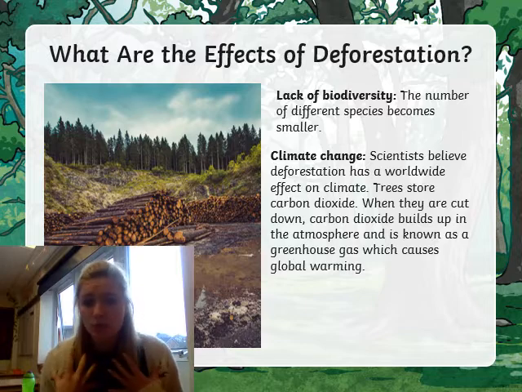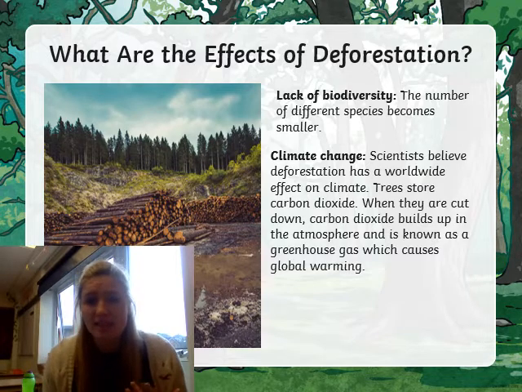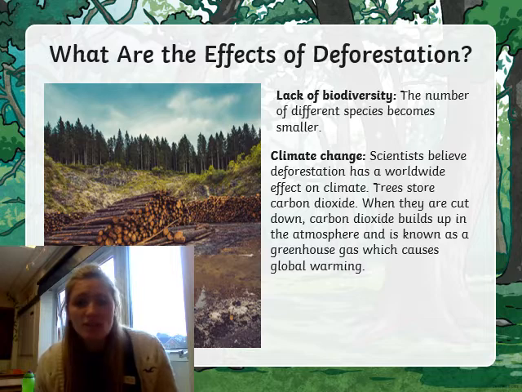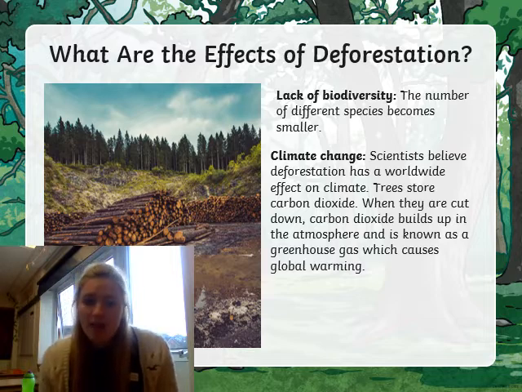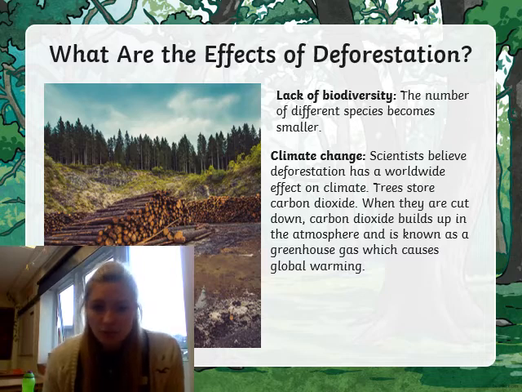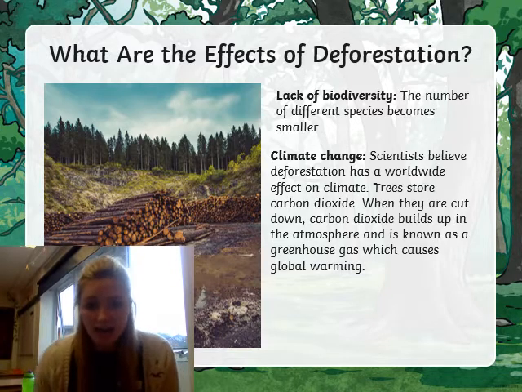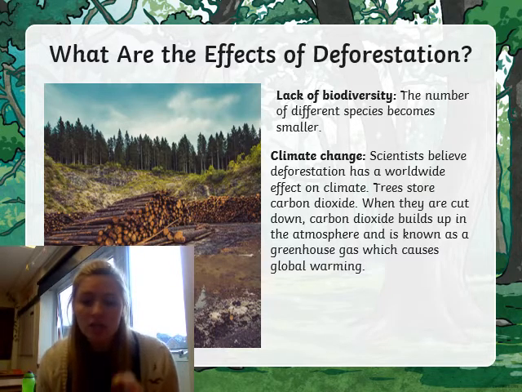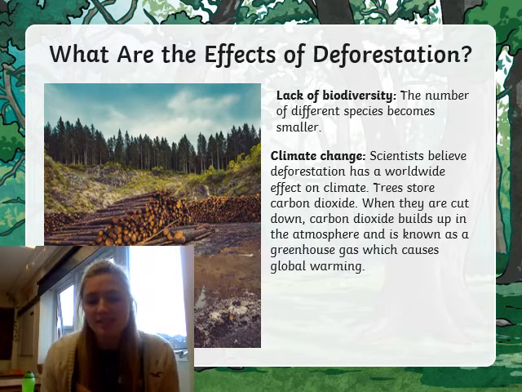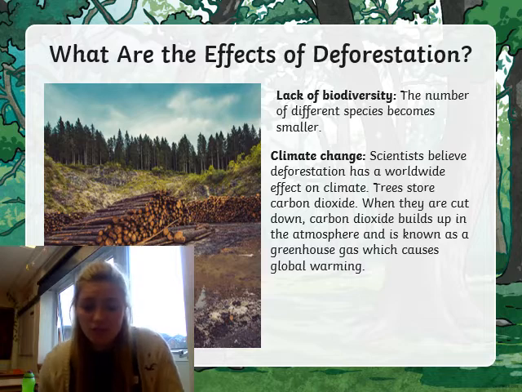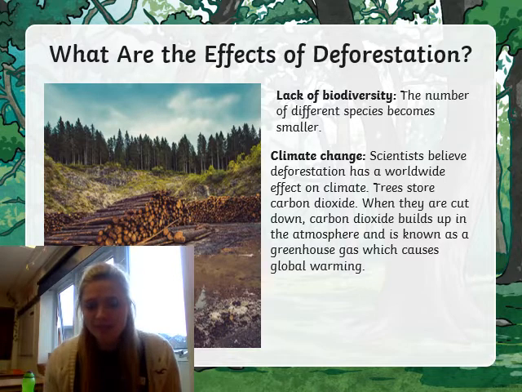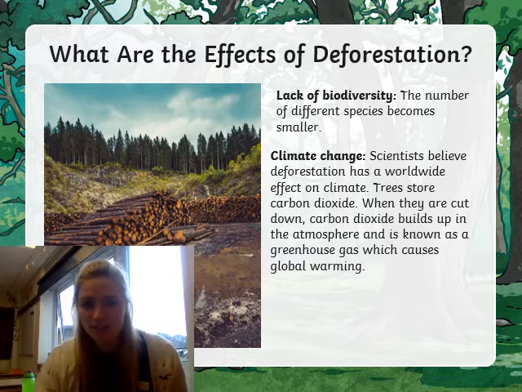This carbon dioxide is in the atmosphere, and that's causing something called global warming, leading to a greenhouse gas effect. Not to worry too much about that at this time, because we are going to be looking a lot into climate change over the next few weeks, but just know that scientists believe that because we're cutting down trees, there's more carbon dioxide in the air, which is leading to global warming and climate change.